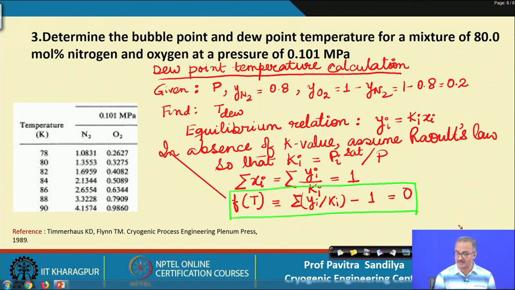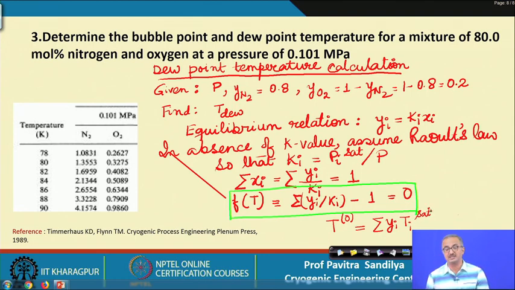So, we can take an average, like say the initial guess, this 0 in parenthesis represents the initial guess of temperature. This may be taken as some kind of summation yi into Ti sat.